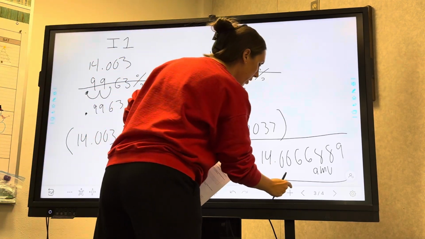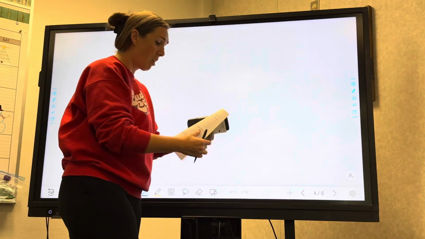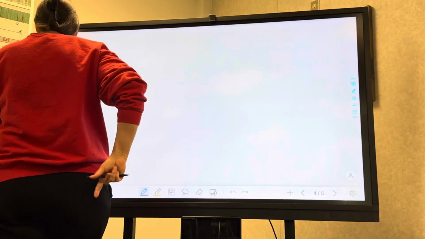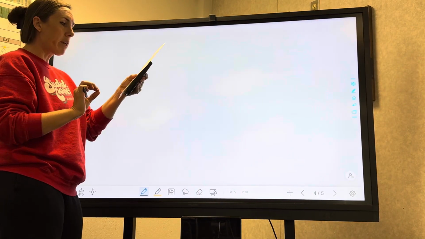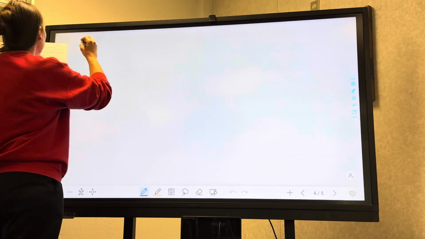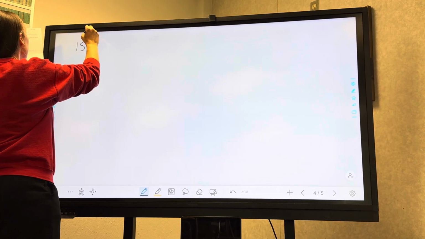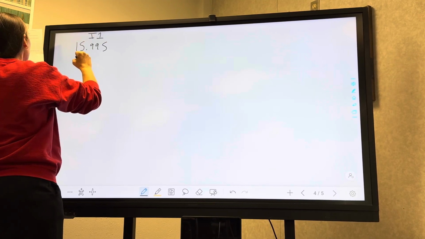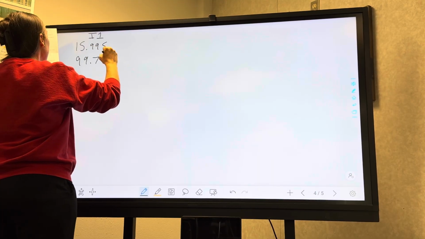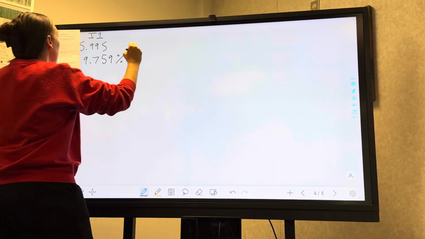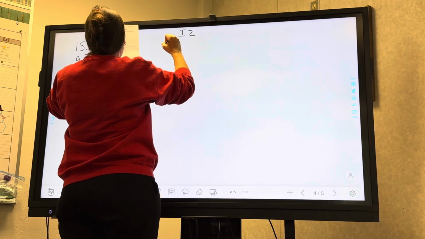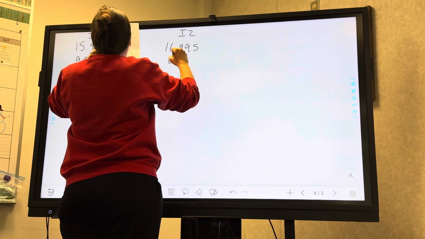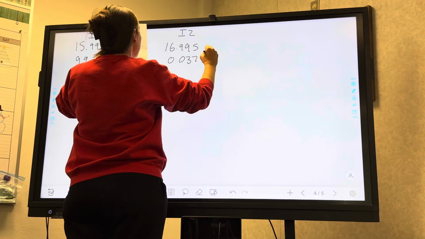Okay, let's do question number 3. Question number 3 has 3 isotopes, so it's going to get a little bit bigger. Calculate the atomic mass of oxygen if the 3 common isotopes for oxygen have masses of: isotope 1, 15.995, 99.759%. Isotope 2 is 16.995, 0.037%.